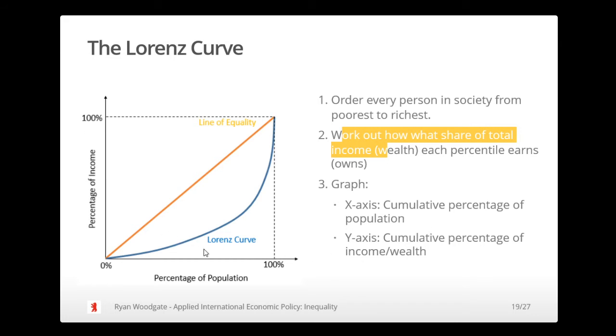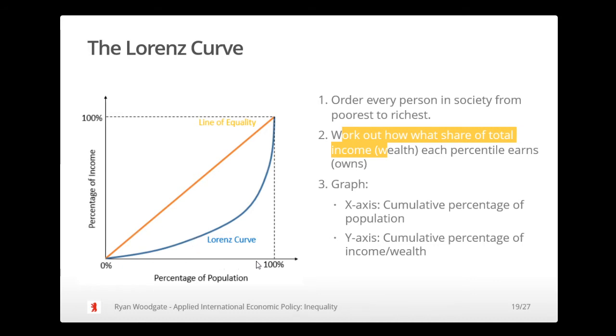So that's what we mean by cumulative here. We're adding up the percentage as we go along. Of course, no economy is so absolutely equal, far from it. Typically what we expect is some deviation from this line of equality, such that, let's say, the bottom 50% of the population earn, let's say, 20% of total income.